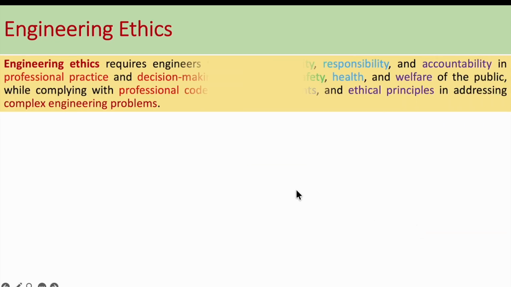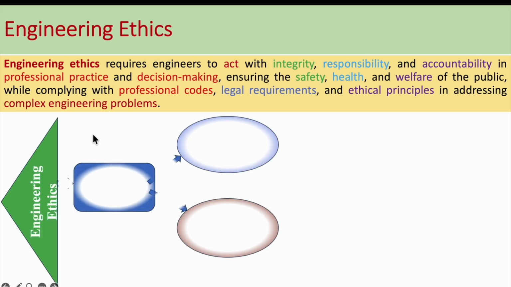Engineering ethics, because ethics is also an attribute, so we need to know what it is. Engineering ethics requires engineers to act with integrity, responsibility and accountability in professional practice and decision making, ensuring the safety, health and welfare of the public while complying with professional codes, legal requirements and ethical principles in addressing complex engineering problems.